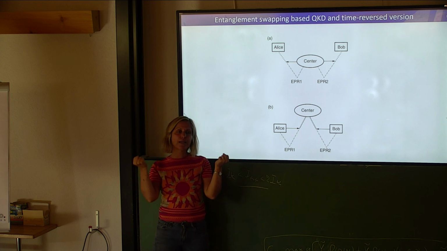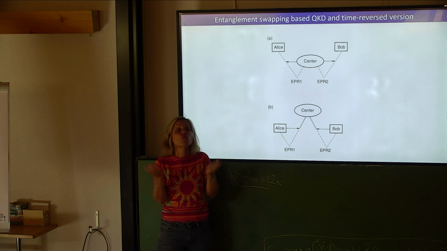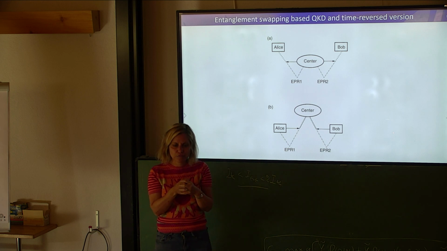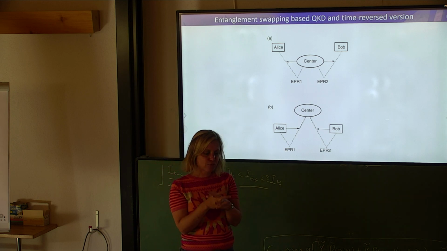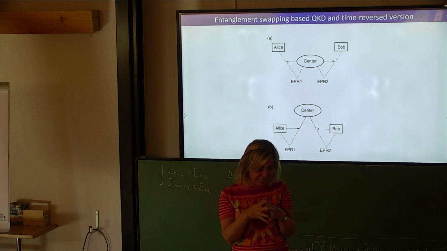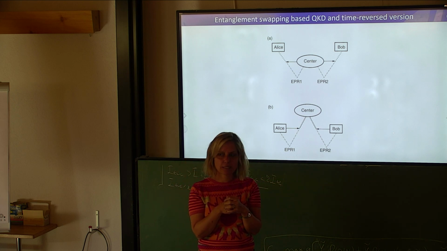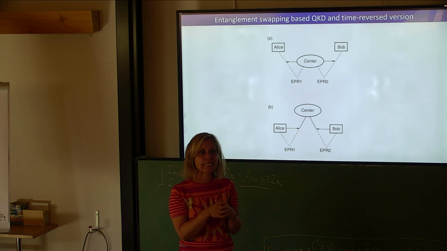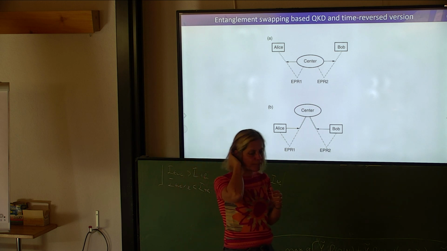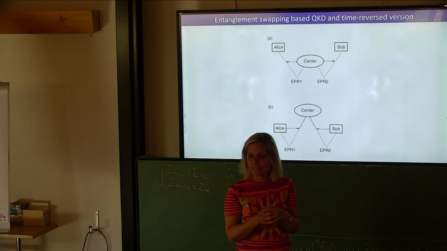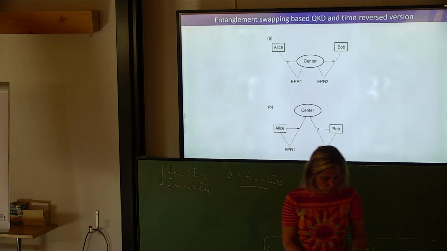There is no point for Charlie to try to cheat, because it wouldn't lead to the correct correlations between Alice and Bob. So with MDI QKD you essentially introduce the possibility of having intermediate untrusted nodes.